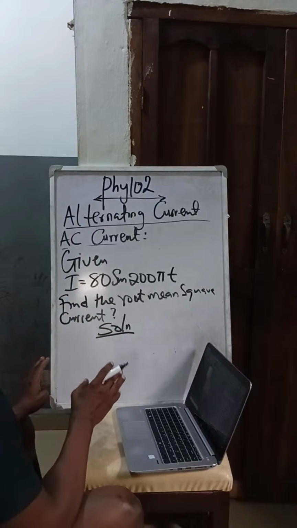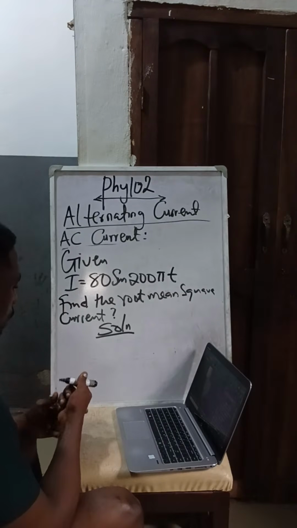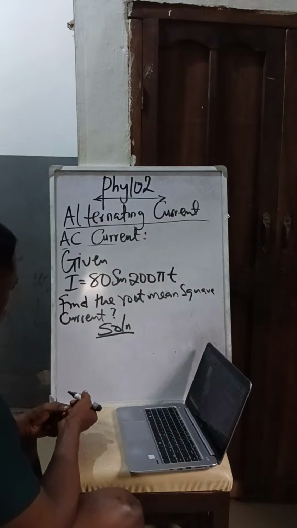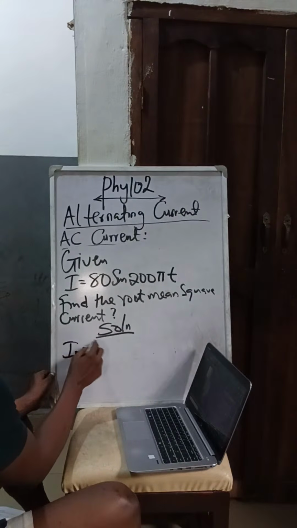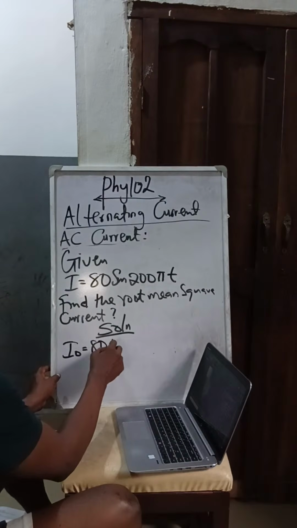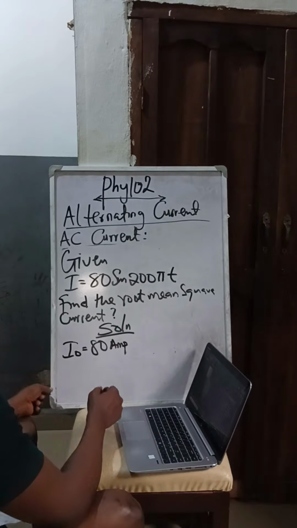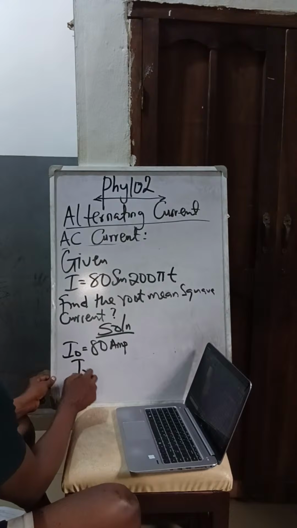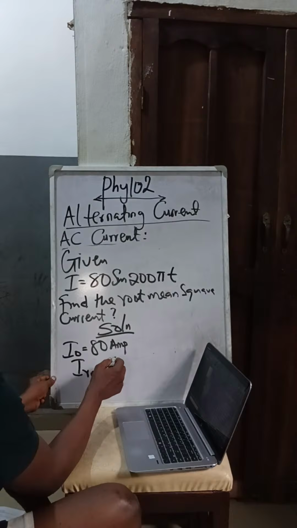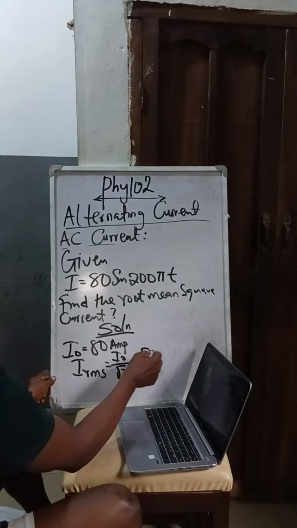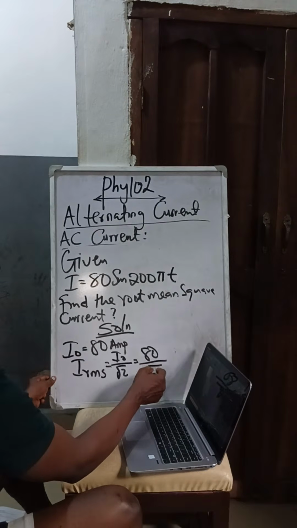When you're given a question like this, you compare. We already know I naught is equal to 80 ampere. So I RMS is equal to I naught over root 2, 80 all over root 2.